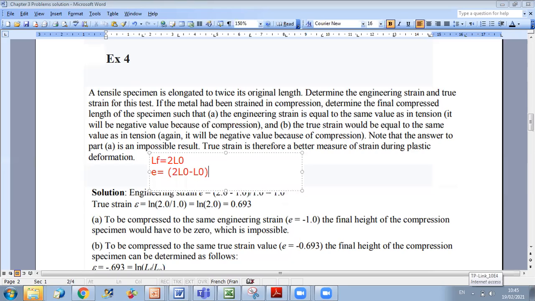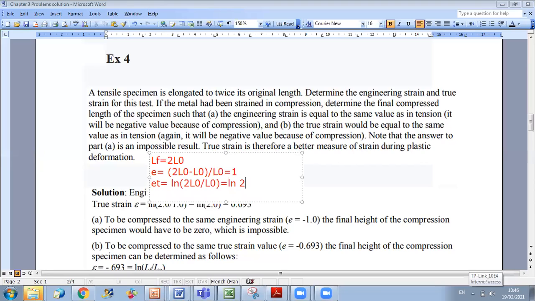You can see here that L0 will be simplified. So we get 1 over 1, which is 1. Now concerning the true strain, the definition of epsilon true is ln of the final length, 2L0, over the initial length, L0. So L0 will also be simplified. It is ln of 2.